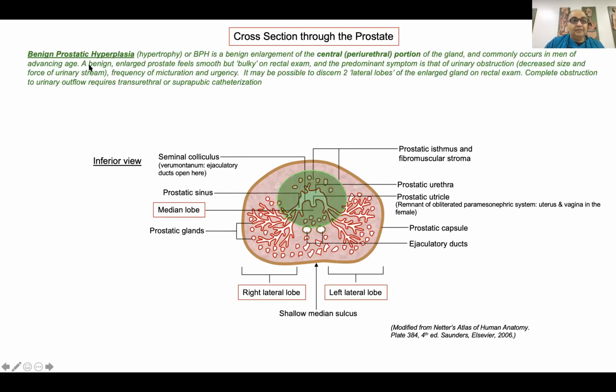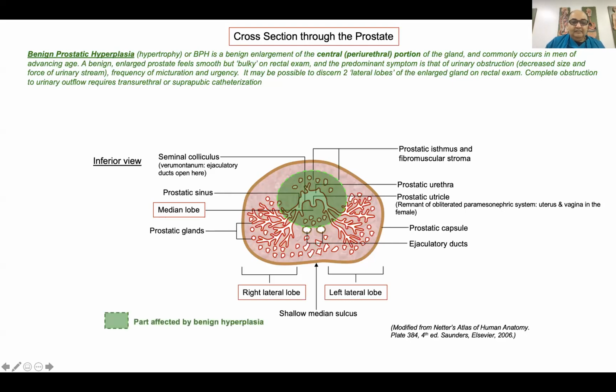Now, benign prostatic enlargement. If there is an enlargement in this zone, this part of the urethra will be narrowed down. So the patient will have all these BPH things. Benign prostatic hyperplasia, hypertrophy, enlargement, so many terms used. So this green thing is indicative of that problem. So if you know this much, enough.